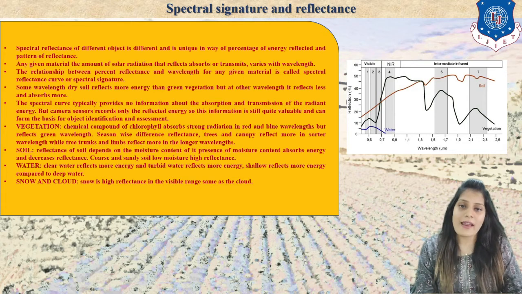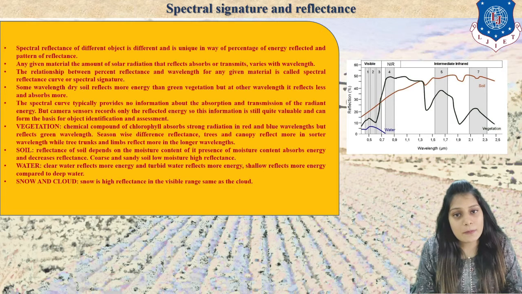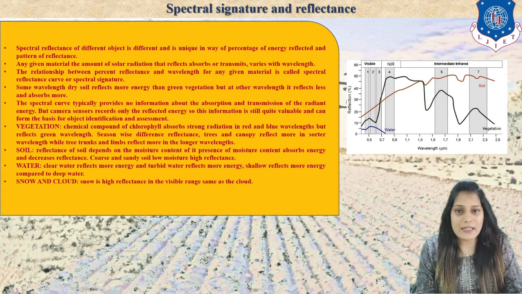It is also called the spectral curve, and it is called the signature reflectance, or spectral signature. So we can make out in which range which object is properly visible. Right, students? I guess you are clear with what I mean and why we are doing this. Spectral reflectance curve: spectral means there are various bands present in it. That is why it is called spectral reflectance.